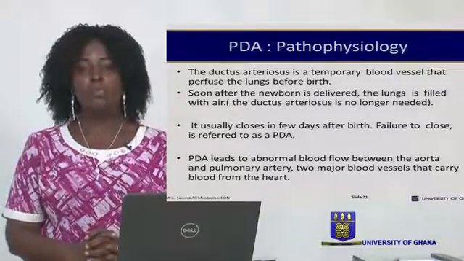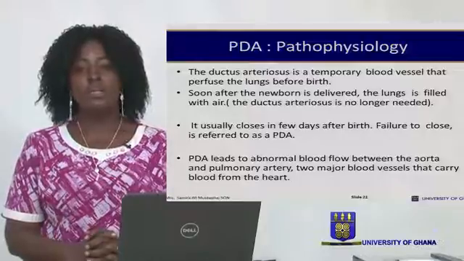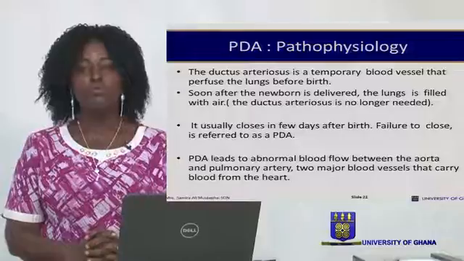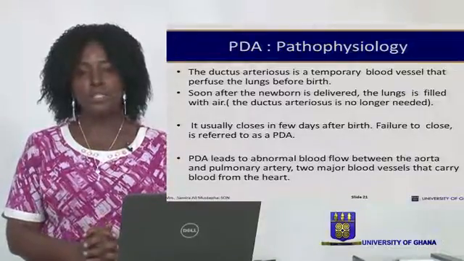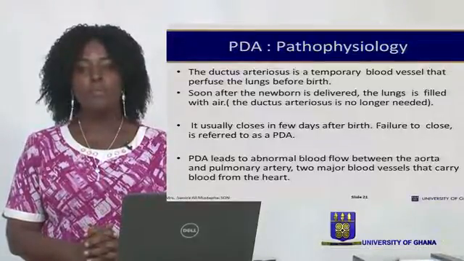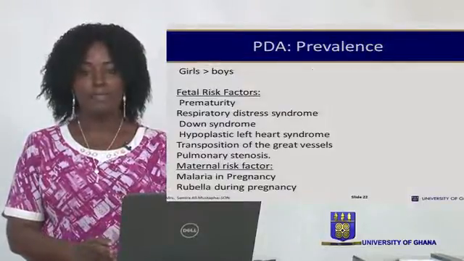Soon after a newborn is delivered, ideally it should close, and usually closes a few days after birth. Failure to close will result in this condition, and it leads to abnormal blood flow between the aorta and the pulmonary artery, two major vessels that carry blood from the heart.